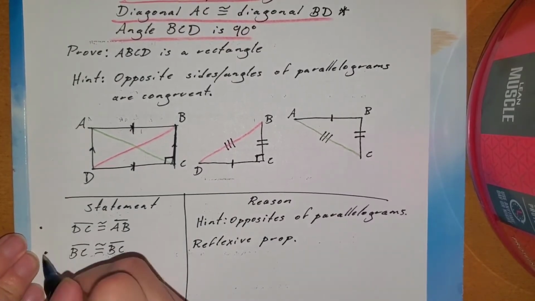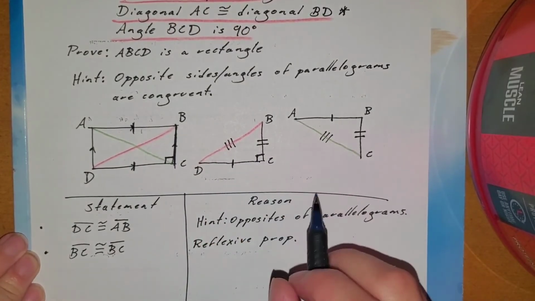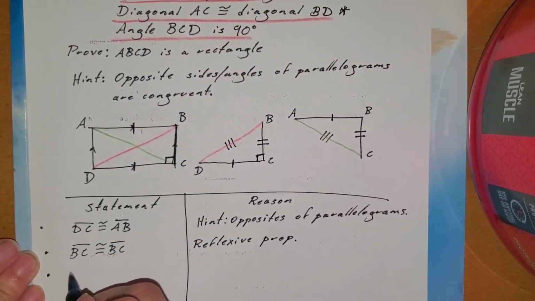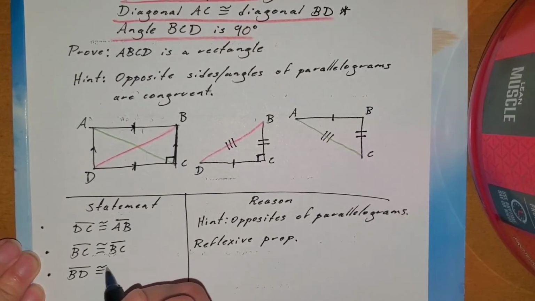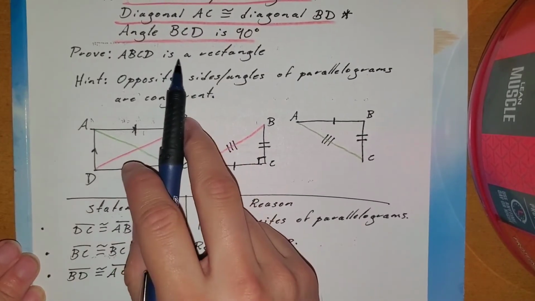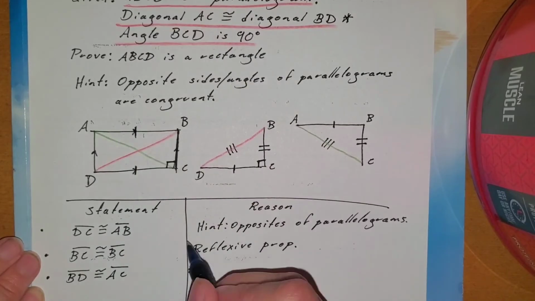Alright, that's the second one. And the last one were the diagonals. So diagonal BD is congruent to diagonal AC, and that is true because it was given. It was in the given statements.